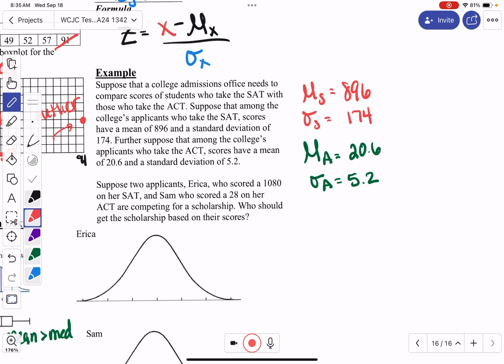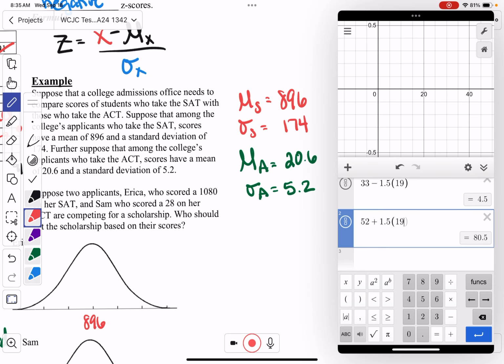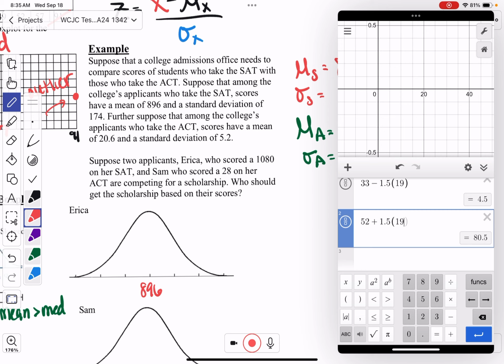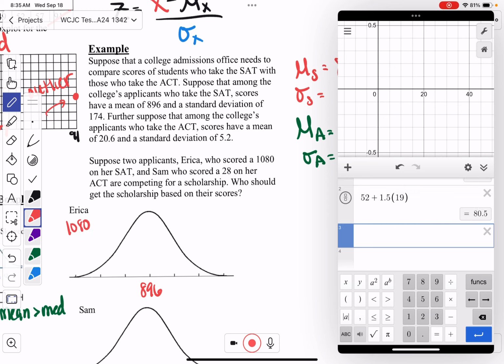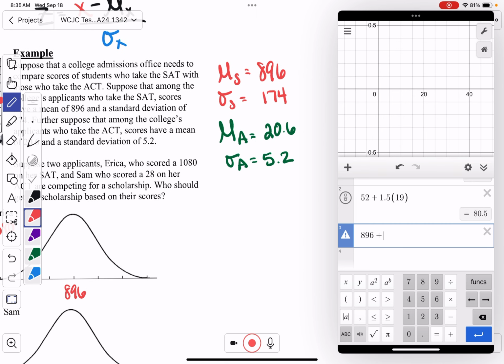So if we load these up on here, this is 896. And if we can fill it out, we know that Erica's score is a 1080. So we do this. This is 896 plus, remember, we can add the standard deviations. So plus 174. And I'm going to the right because she scored a 1080.